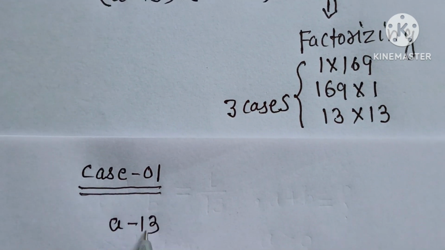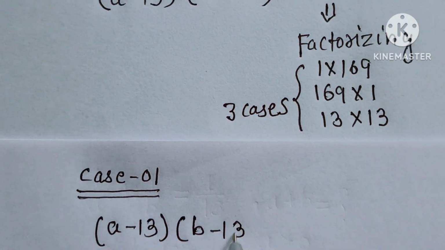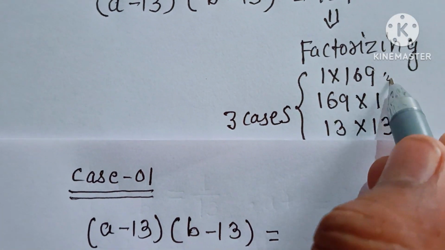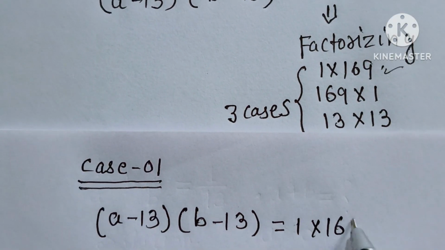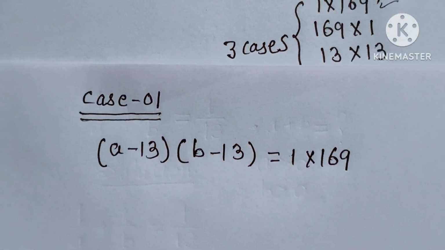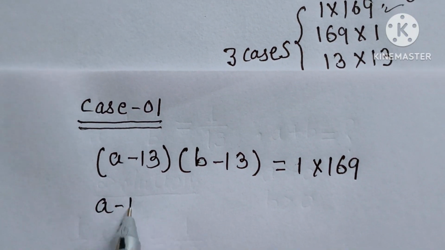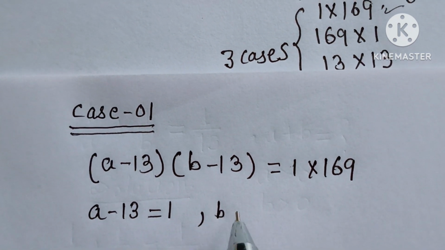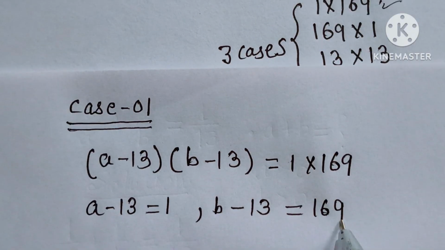A minus 13, B minus 13 equal to case 1, this one, 1 multiply 169. Now A minus 13 equal to 1, B minus 13 equal to 169.